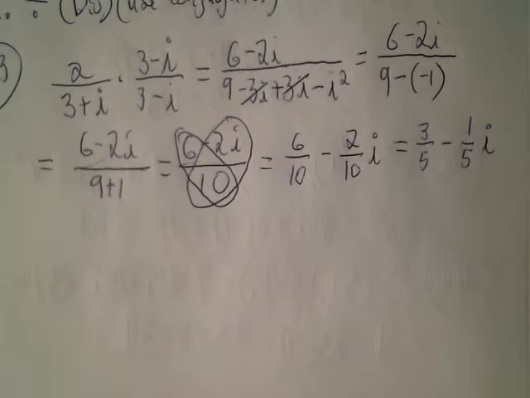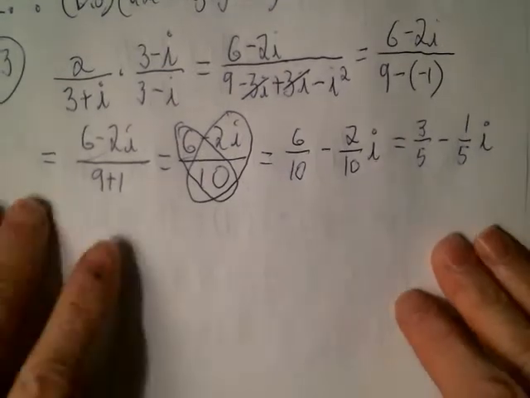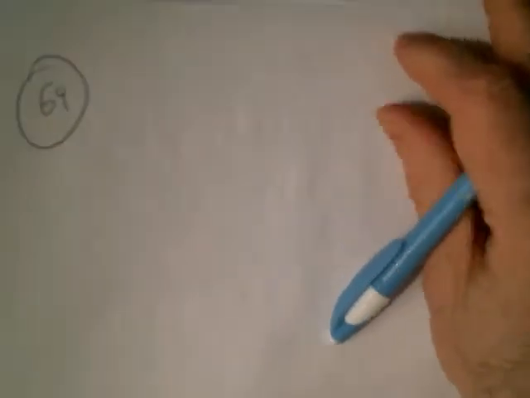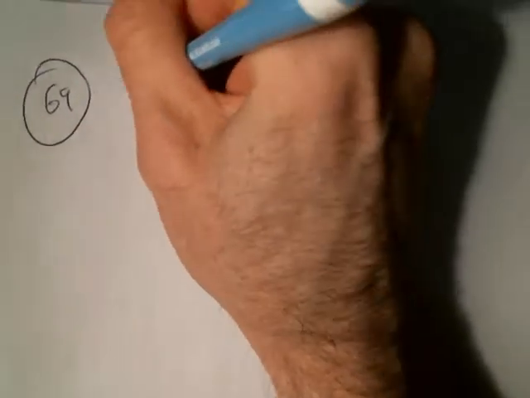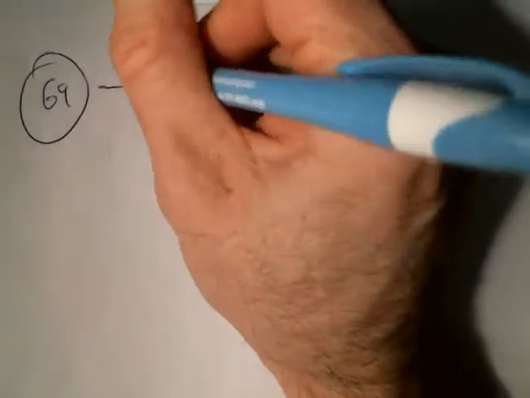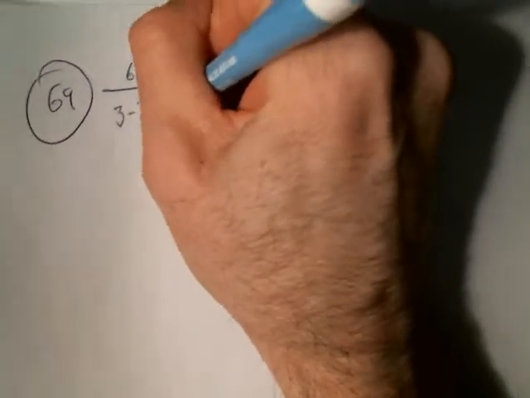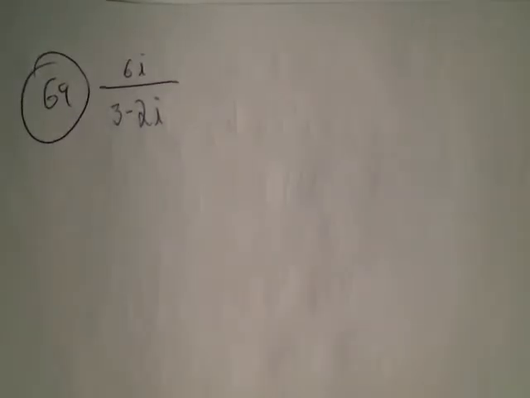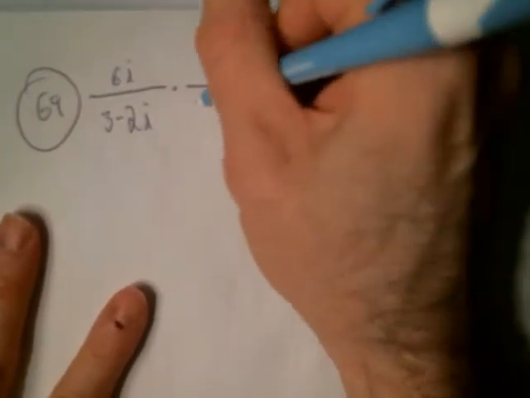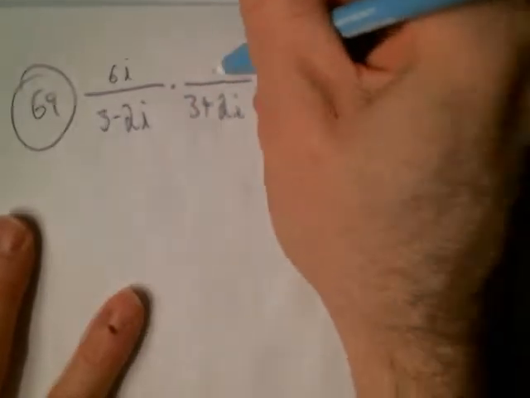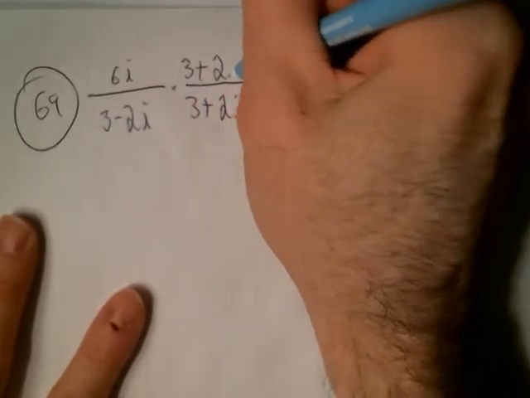Let's look at maybe a couple more of these. So number 69. We have 6i all over 3 minus 2i. Okay, so I need to multiply by the conjugate. So you'll have 3 plus 2i in top and bottom.